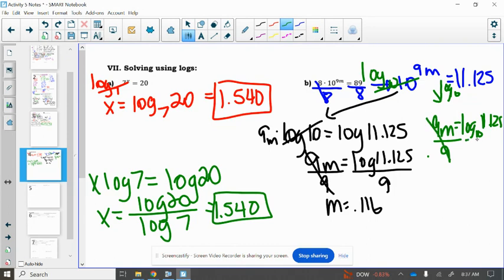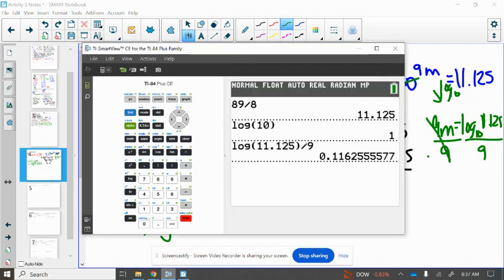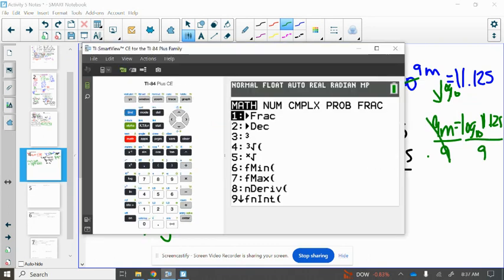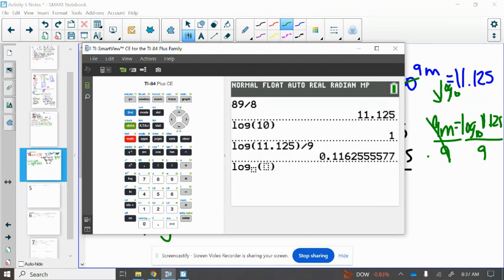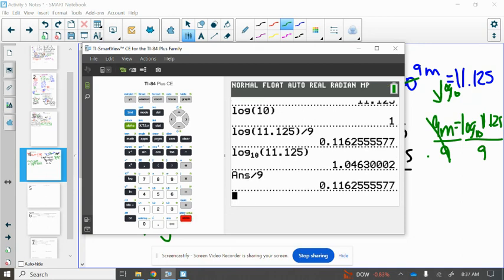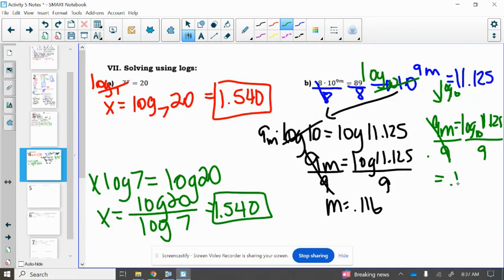So again, same idea. We could have typed this in as Alpha Math, log base 10, and then 11.125, and then divide that by 9. We still are getting the same answer of 0.116, but just another way of looking at it as well.